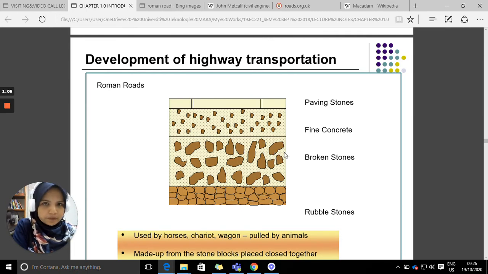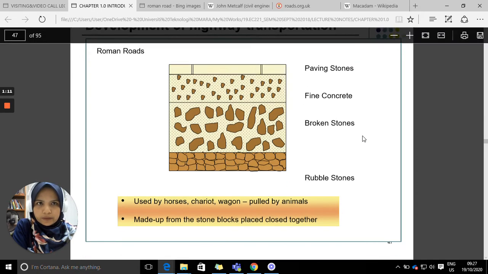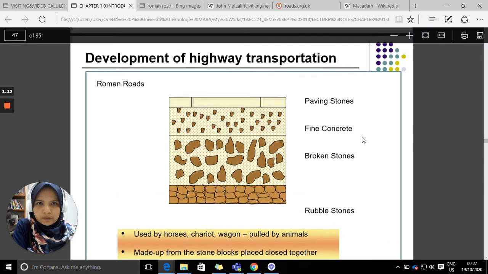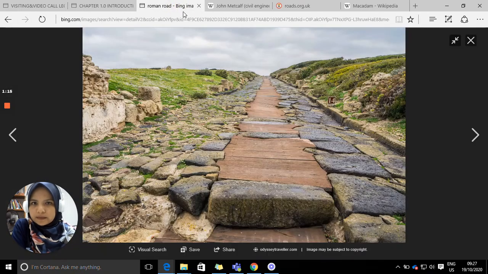This is about the Roman road. Just to give you the idea of what the Roman road is all about, you can look at this picture. You can see the structural layer, the surface texture of the Roman road, how they arranged it. At this particular time, we don't have the asphalt concrete that you can see nowadays.